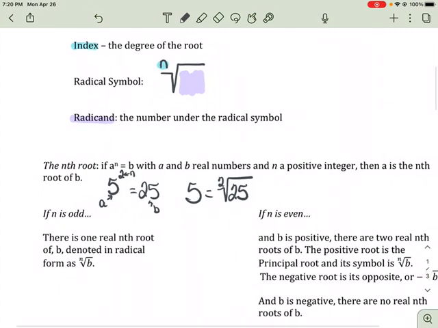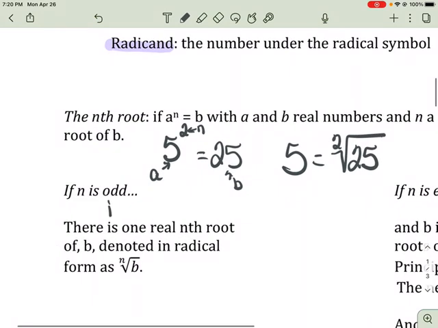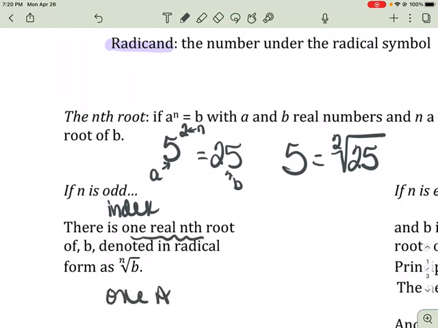Now there's two kinds of classifications. You've got odds and you've got evens. So we split them based on whether the index is odd or even. If you're taking an odd root, there's only one answer. There's one real nth root, denoted as the nth root of b.